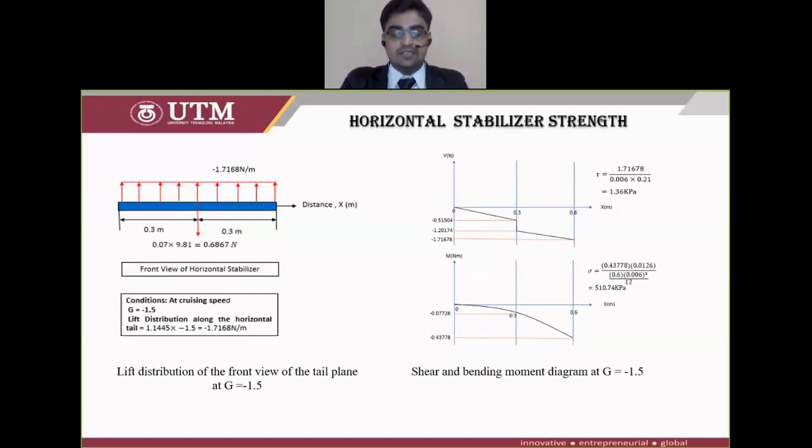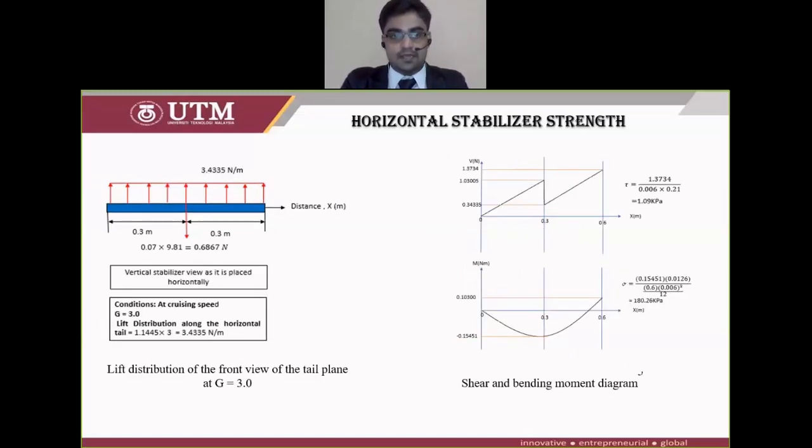This is for G equal to negative 1.5 for the horizontal stabilizer. So the shear stress and bending stress are also calculated based on the graph, and you can refer to the free body diagram on the left.